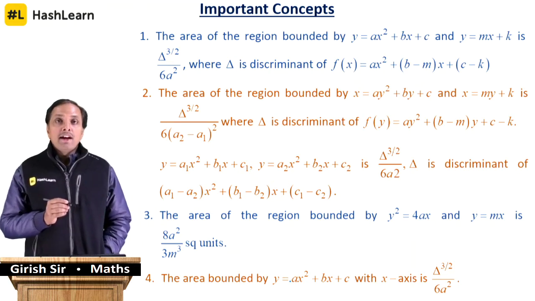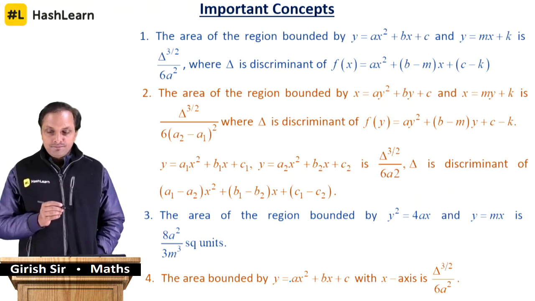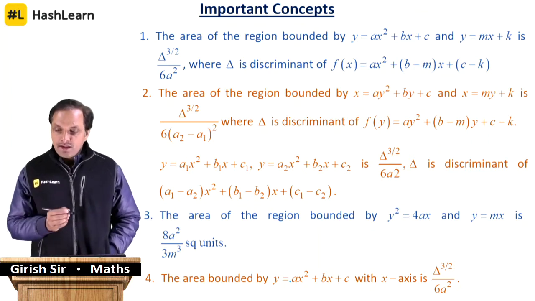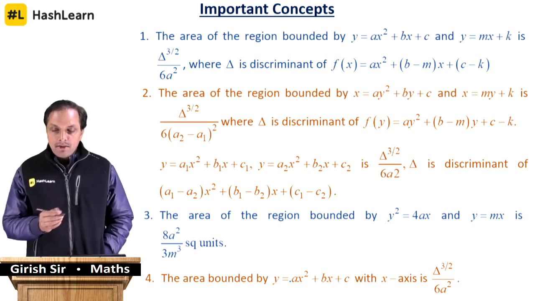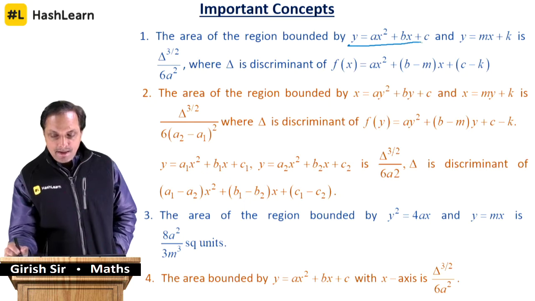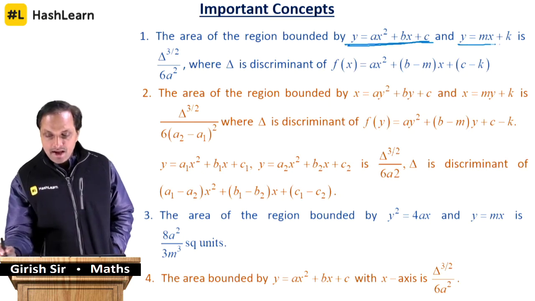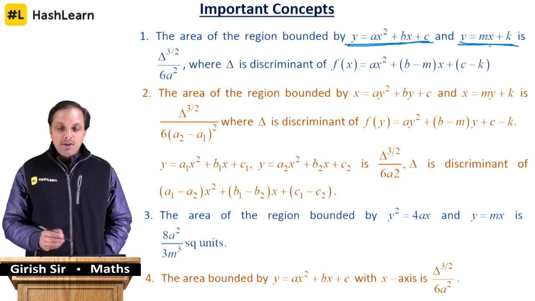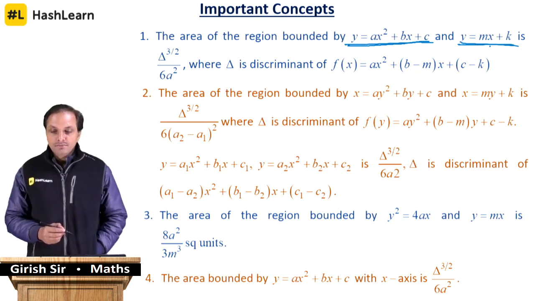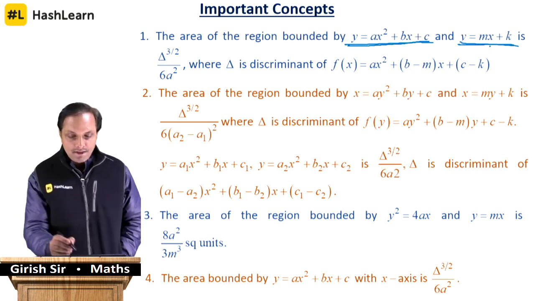You know that you will not have enough time to solve them, plot the graph, solve them in your main examination, but whenever you have this type as a curve and this type as the line, you can directly use the result.